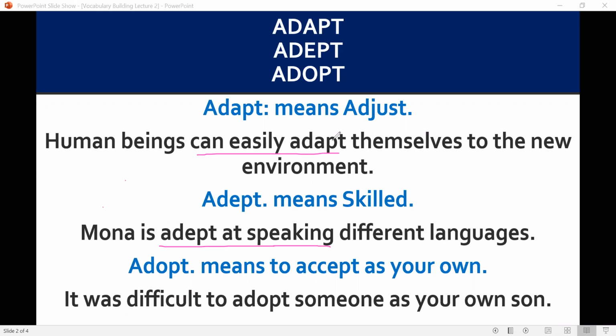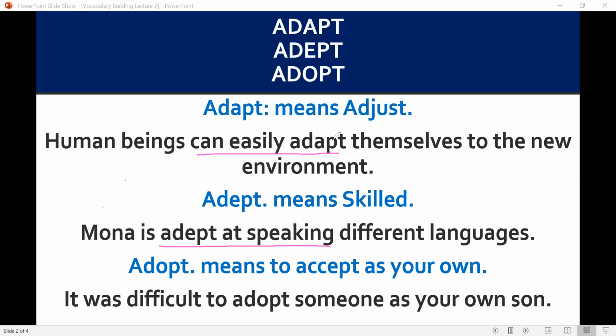Now, the construction of the sentence is making the meaning of both of these words clear, which normally are confusing. So, if you see the construction in writing and in speaking, in writing, the spelling would be in front of you as the screen is showing the spellings.